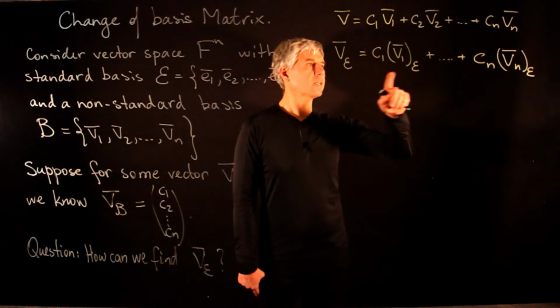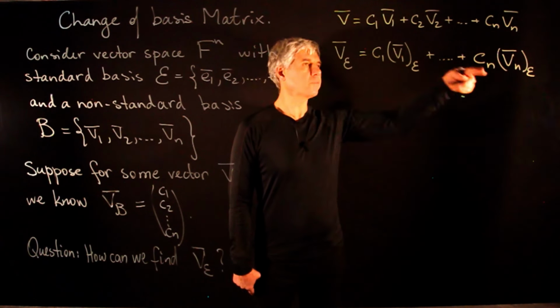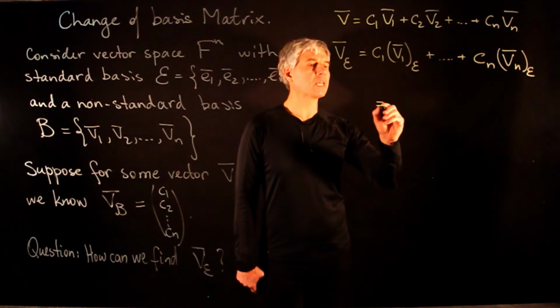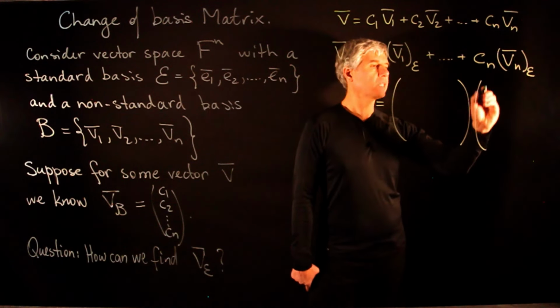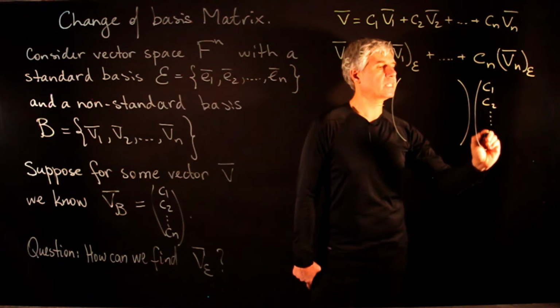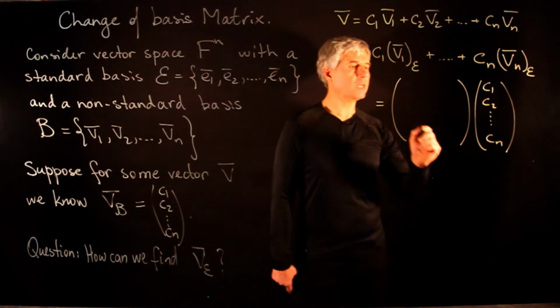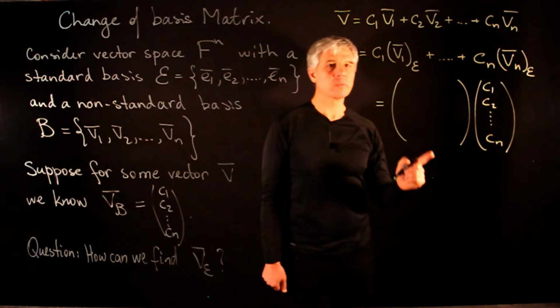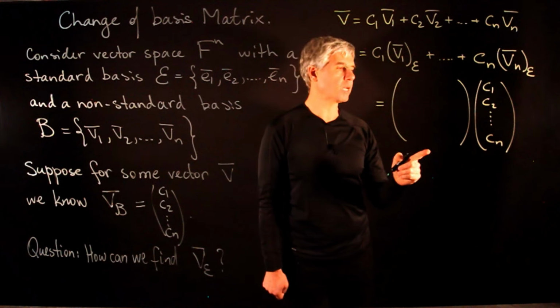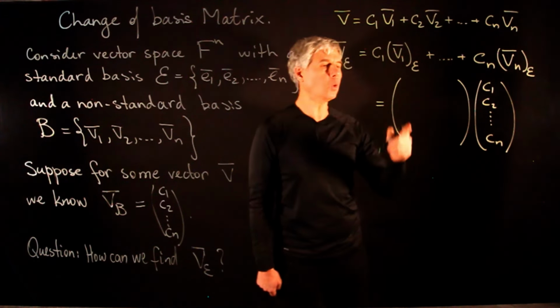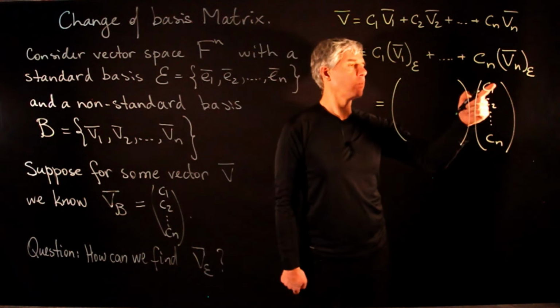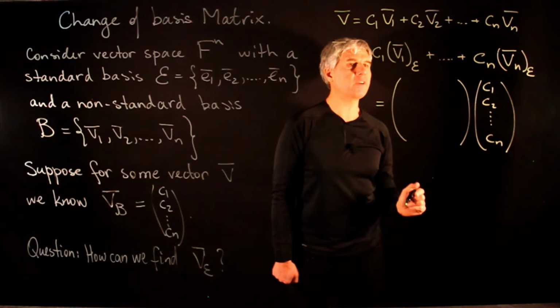So this linear combination of column vectors can be interpreted as a product of some matrix with the column vector (c1, c2, ..., cn). Now let's figure out what this matrix is. We know that the product of a matrix by a column vector is a linear combination of the columns of the given matrix with the coefficients given by the vector.